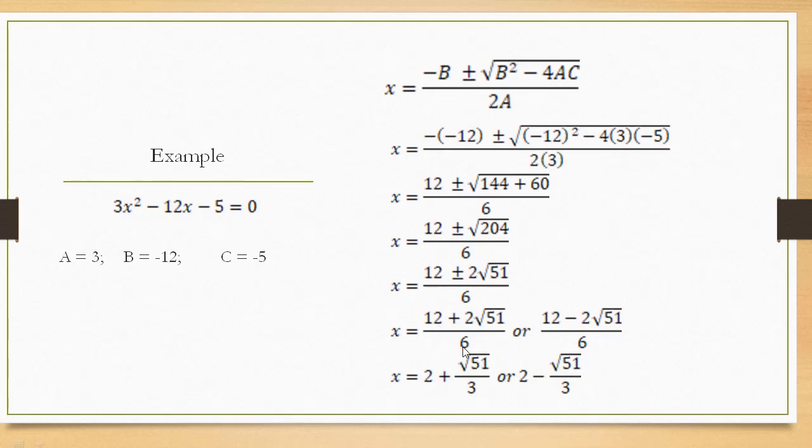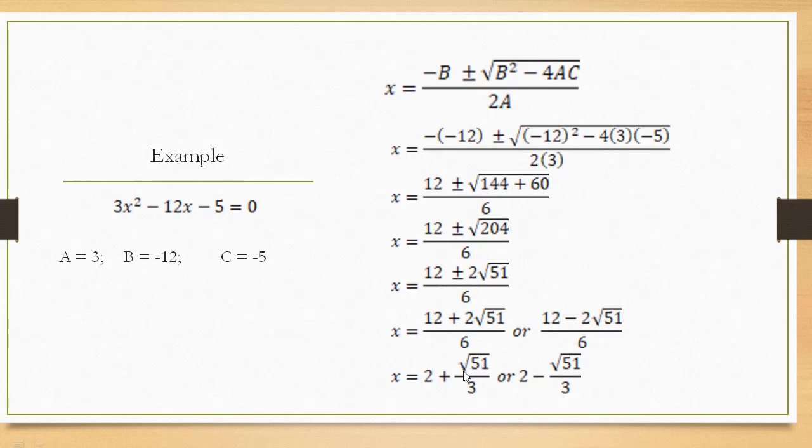So 12 divided by 6 is 2 plus 2 square root of 51 divided by 6, pwede nimo ma-reduce into its lowest term. So 2 divided by 2, 1. 6 divided by 2 is 3. So nahimo siya square root of 51 divided by 3.